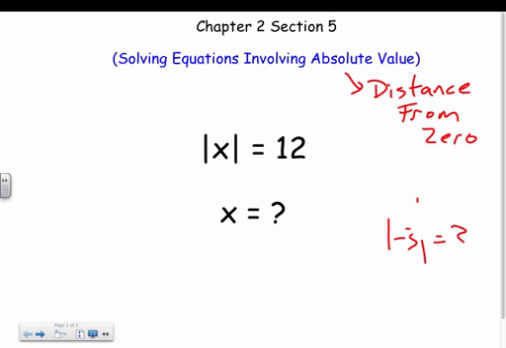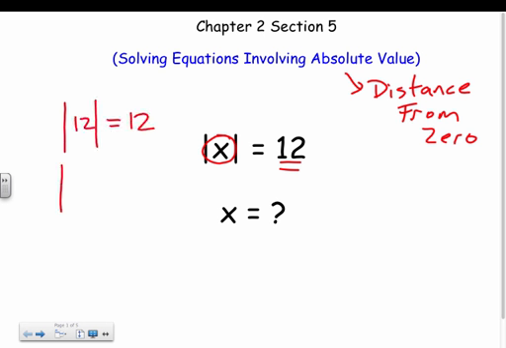So knowing that, if I look at my first equation here, the absolute value of x equals 12. So it's saying, what can I put in for x to make it 12? Well, the absolute value of 12 is 12, right? And the absolute value of negative 12 is also 12, correct?